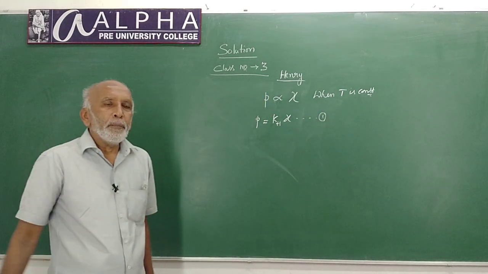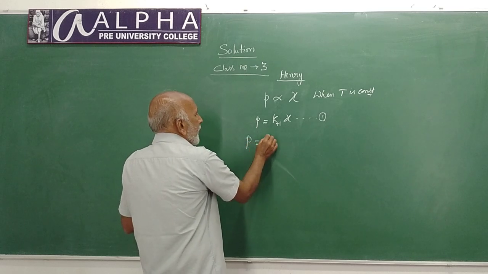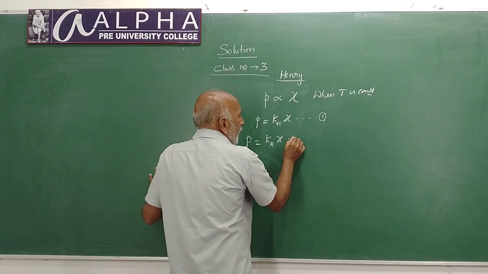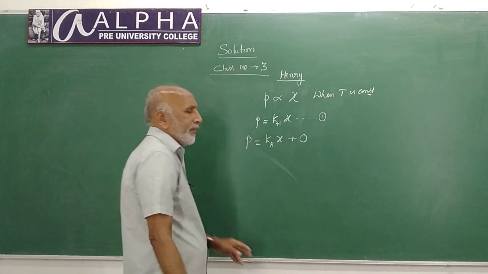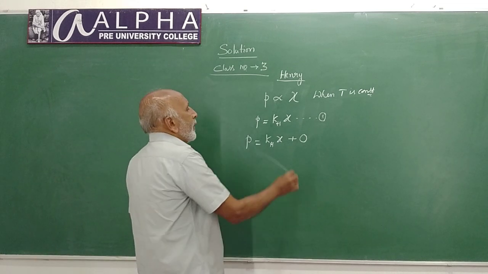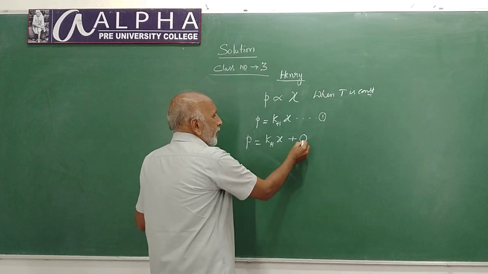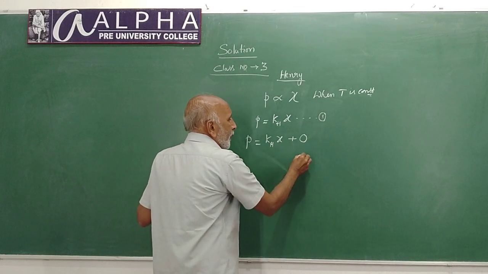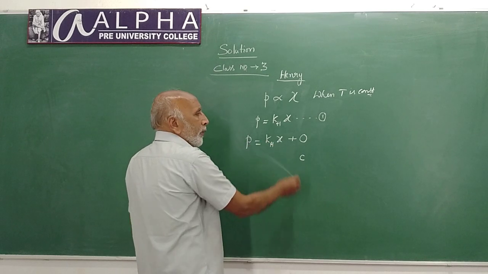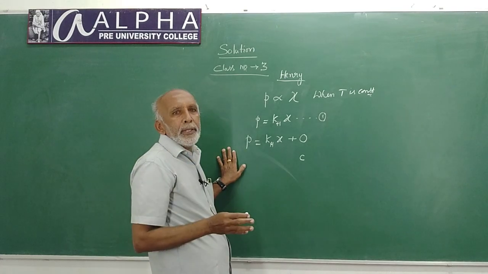Now we can write this expression as P is equal to KH into chi plus 0. There is no change in it. See, 0 is a constant term. Let this constant term be C. Here pressure and mole fraction, that is concentration, are variable terms.